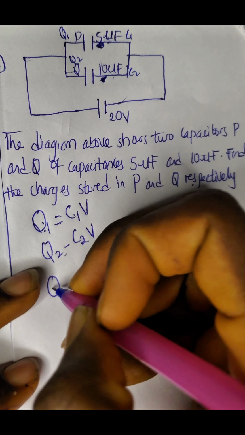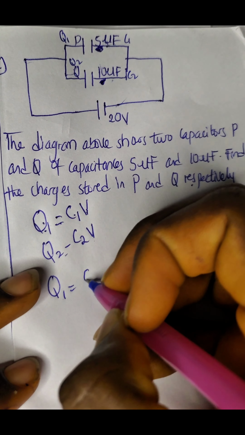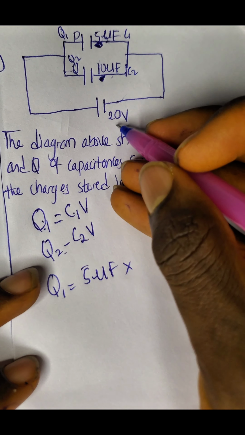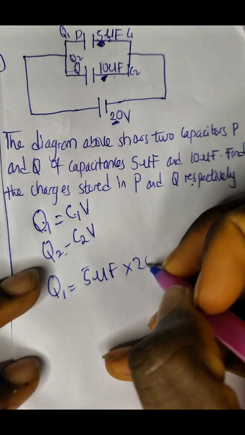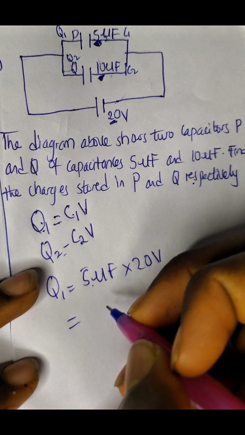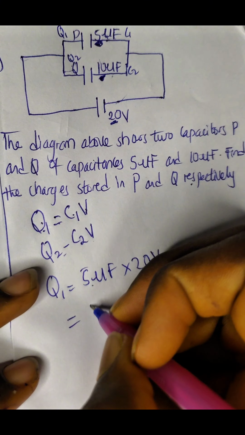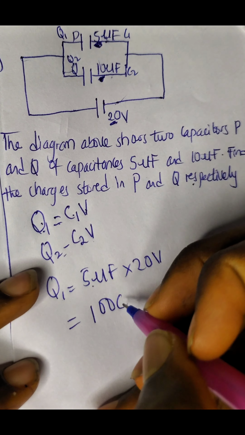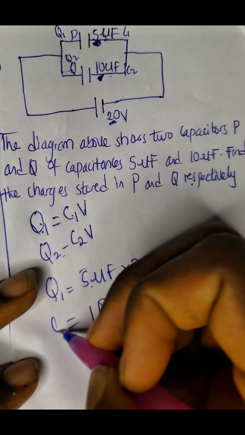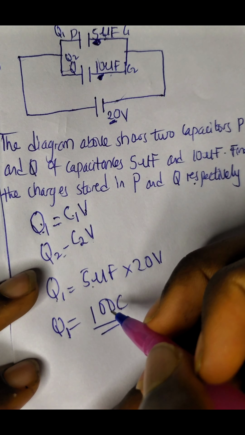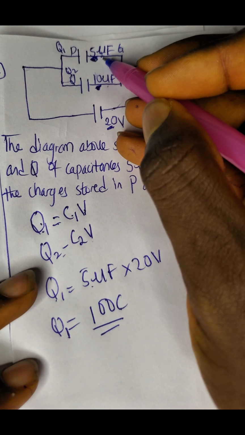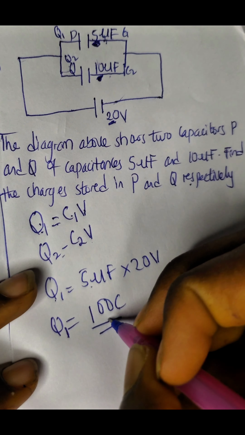So Q1 gives us, our C1 is 5 microfarad, and our potential difference V, you can see from here, is 20 volts. So 5 times 20 will give you 100 coulomb. The reason it's coulomb is that the SI unit for charge is coulomb. So our C1, our 5 microfarad capacitor, has 100 coulomb.